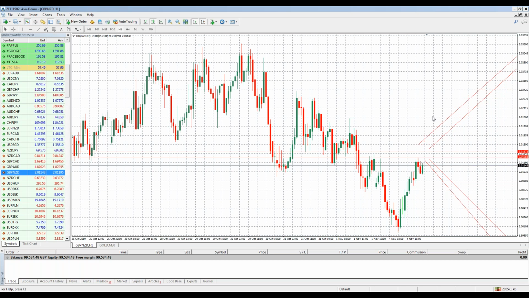So I'm not here to tell you should think this should reverse and drop, right? I'm just showing an example of a resistance point already having been respected by the movement and a potential movement that's larger than what you have to risk to your stop loss on the other side of the resistance.